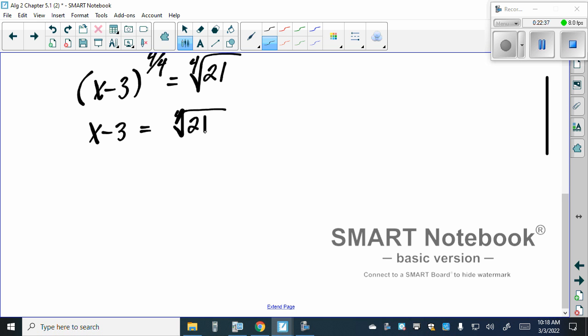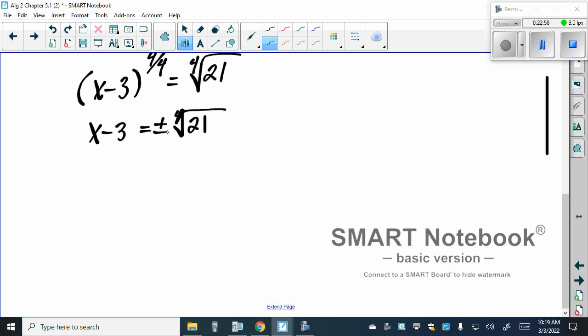Wait a minute. Is our root even or odd? Even, because the number for the root is 4. Okay, so this is the one that causes some issues, because this root could be positive or negative.